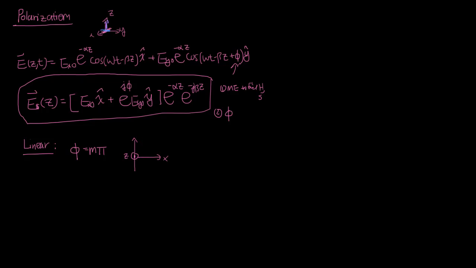But now in this case, if we have phi equal to some multiple of m pi, if it's a 0, then that means that it's just Ex and Ey together. Remember, if it's pi, then this is just a -1. So basically, if these two are in phase, that just means that instead of going back and forth here, you're actually going back and forth at some angle relative to the x-axis. So the wave is coming at you, and if you're standing here watching the wave come at you, the electric field is just oscillating in these two directions.